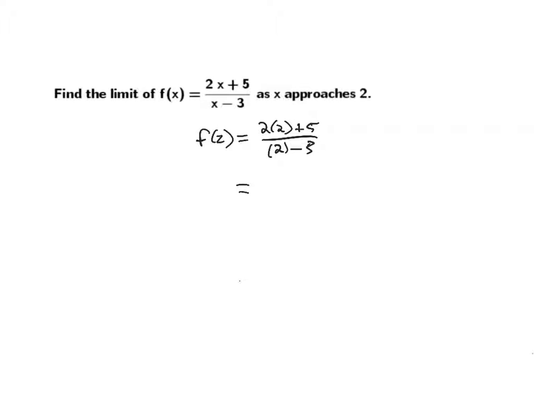And in the numerator, that's 4 plus 5, that's going to be 9. And in the denominator, it's 2 minus 3, or negative 1. So that's negative 9. So our limit as x approaches 2 of f of x is negative 9.